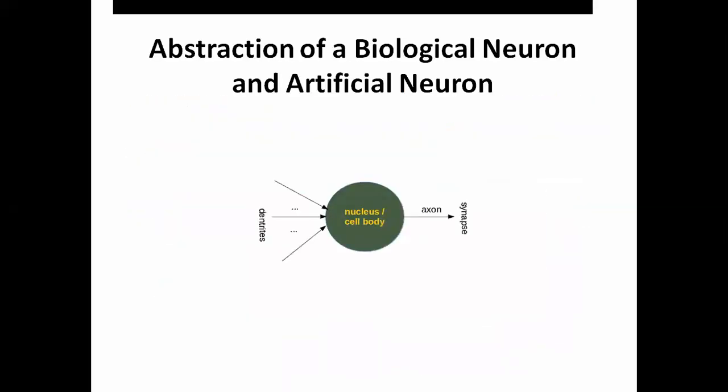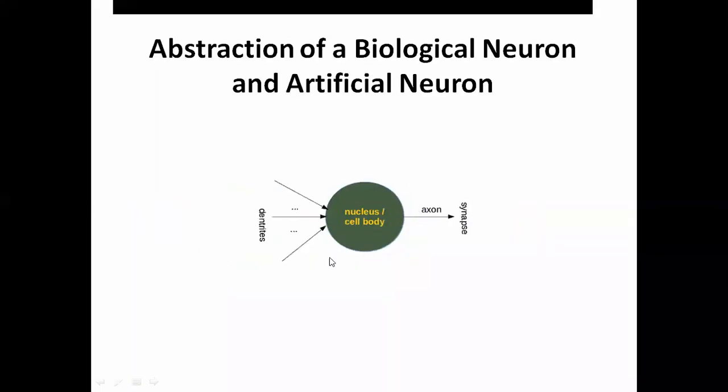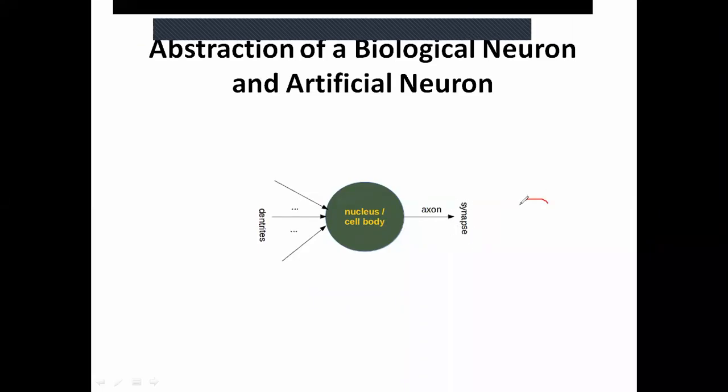This represents the nucleus of that neuron, this is your cell body, these are your dendrites, and this is the axon through which the output is coming. Then through synapses, it will go as input to the second neuron.